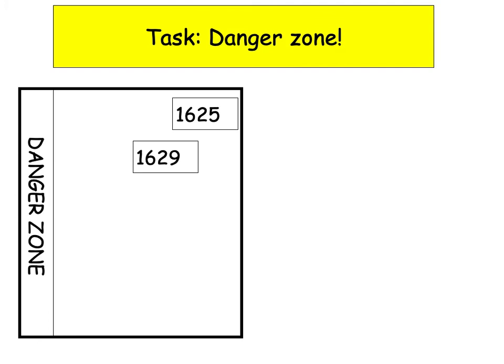Now we're going to look at each card in turn and think about how much did it contribute to civil war. Now, if it seems like something very dangerous that's really going to bring about civil war, we're going to arrange it in our page close to the danger zone. If it's something that probably didn't lead to civil war very much, we're going to take it away from the danger zone.